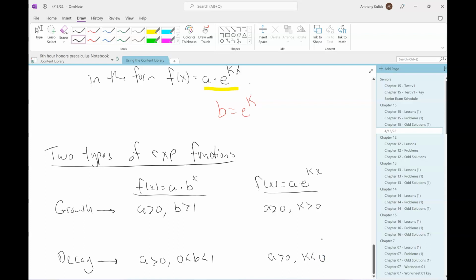I guess I should have made one other piece up here. We should state that for that other version of the exponential, that again, a can't be 0 and k can't be 0. I think that probably goes without saying, but I'm going to say it anyways because let's just be specific, you know?